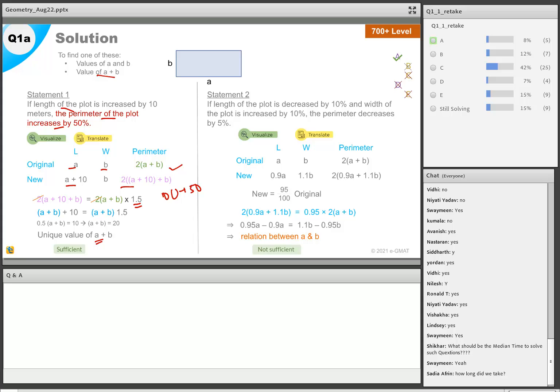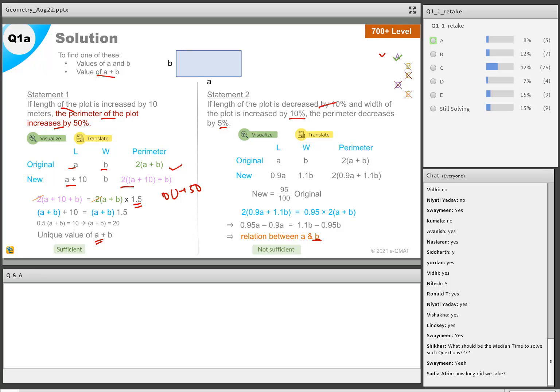The second statement, however, tells me that the length of the plot is decreased, the width is increased, and the perimeter decreases by 5. Again, I have a relationship between A and B, just like we solved in the last question. Since I have a relationship and I don't have the values of A and B, the second statement is not sufficient alone. Since the first statement is sufficient, choice A is the correct answer choice for this question.